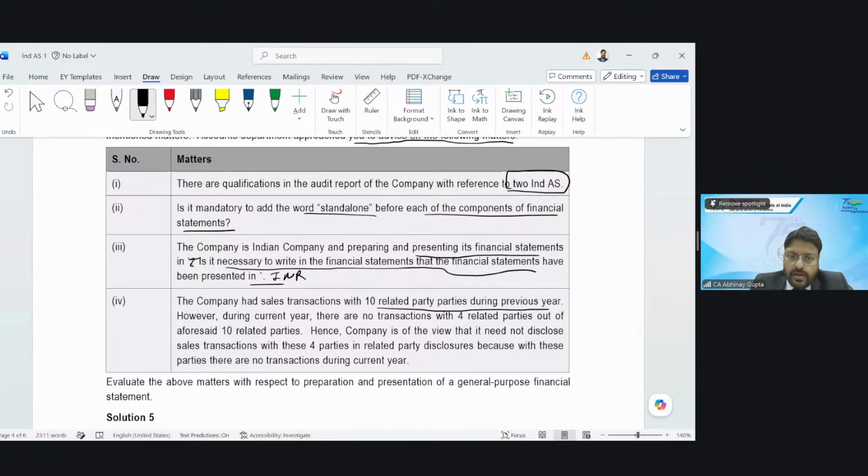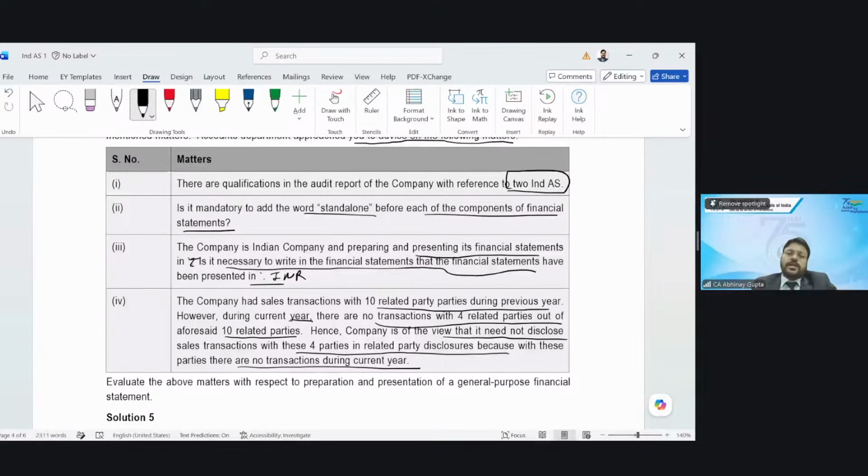And the fourth, the company had sales transactions with 10 related parties during the previous year. However, during the current year, there are no transactions with 4 related parties out of the aforesaid 10 parties. Hence, the company is of the view that it need not disclose the sale transactions with these 4 parties in related party disclosure, because with these parties there are no transactions during the year, right?